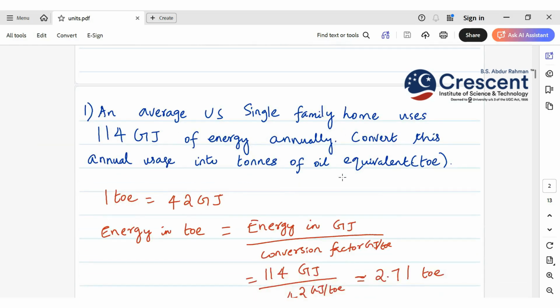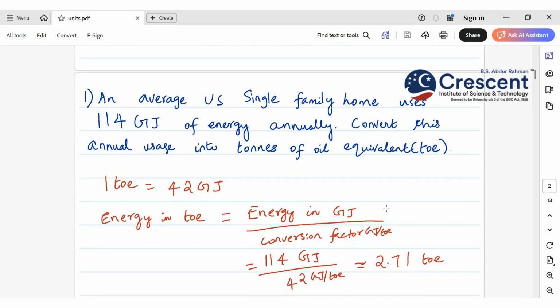So let's see a small problem. On average, a US single family home uses 114 gigajoules of energy annually. Convert this annual usage into tons of oil equivalent, that is TOE. As we have seen in the previous page, 1 TOE is 42 gigajoules.